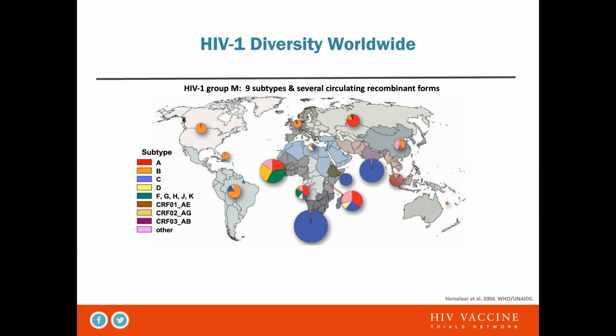I will say again, genetic diversity in HIV is massive. So the question is, can a vaccine be developed against subtype clade B in North America that will also work for people in South Africa or Thailand, where the subtypes of HIV are different?